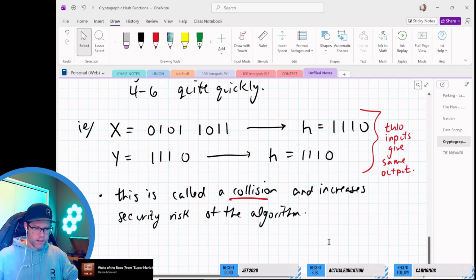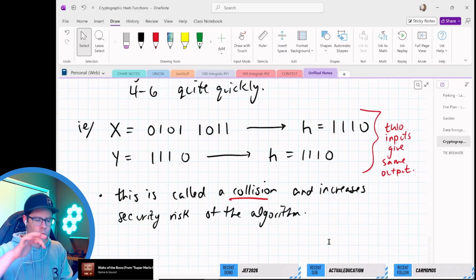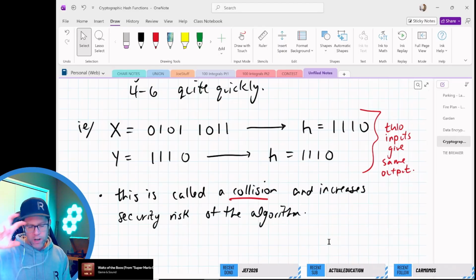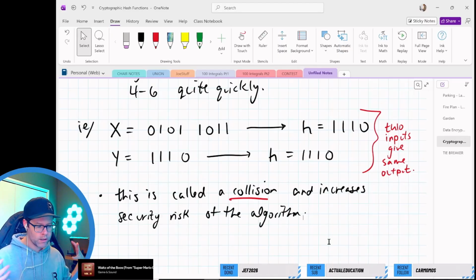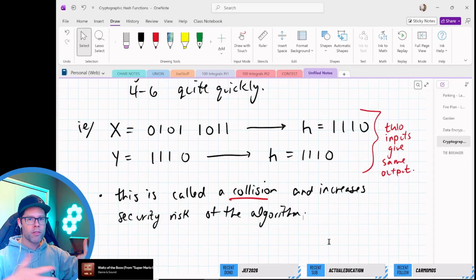So in this particular instance, we've gone through the example where x was equal to 0101, 1011. We got an output hash of 1110. Now, some other user comes along and they say, I'm going to choose my password to be 1110. And the output of putting that through our algorithm also produces 1110.